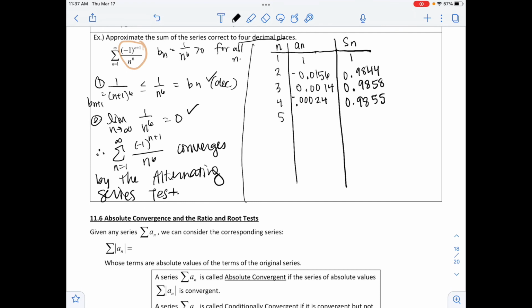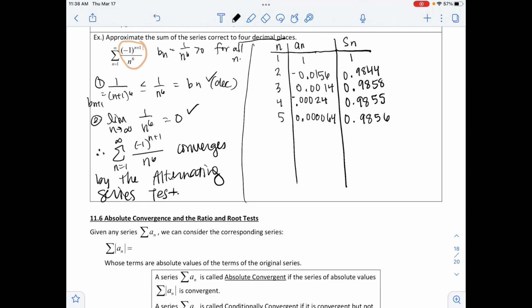So my 5th term is going to be positive, and it's 0.000064. And adding this in, we get 0.9856. So it's getting closer.